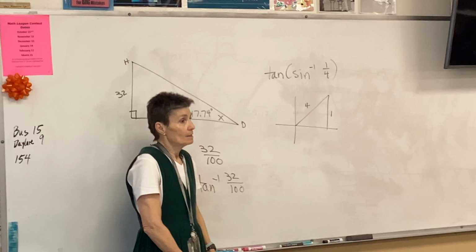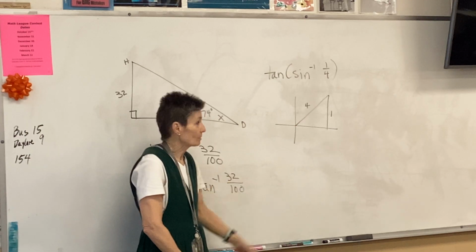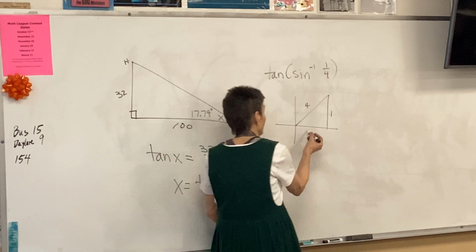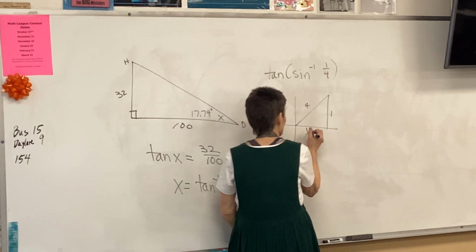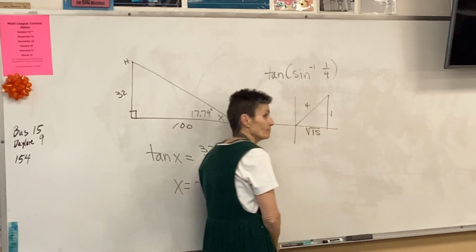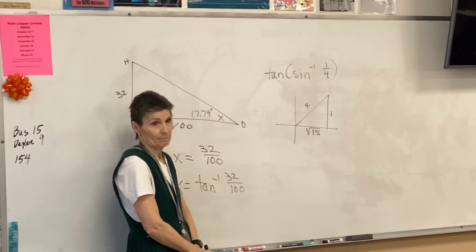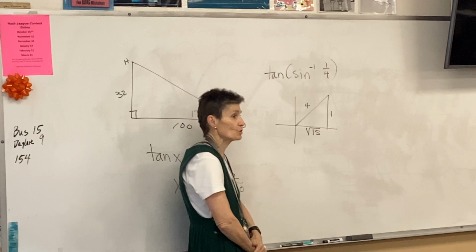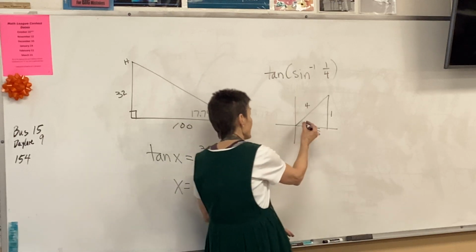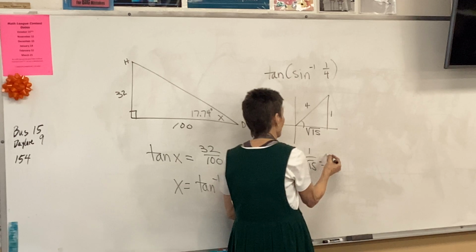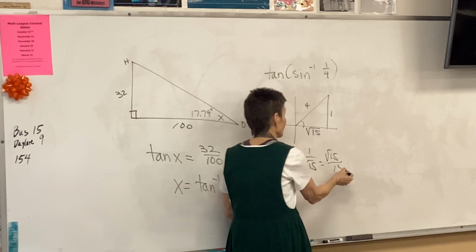Now, let's finish the picture. If that's 1 and that's 4, then this would be square root of 15. And what do I want to know about that picture? I want to know what its tangent is. So its tangent is 1 over root 15, or root 15 over 15.